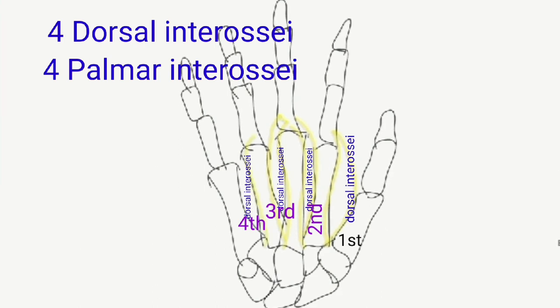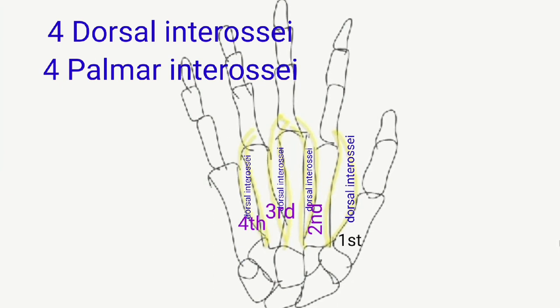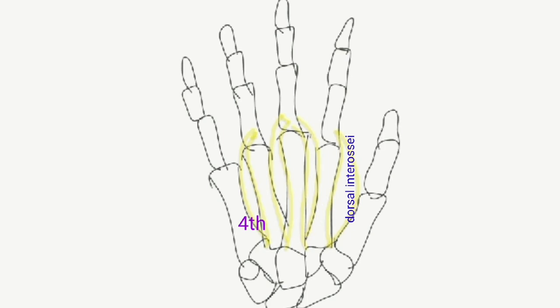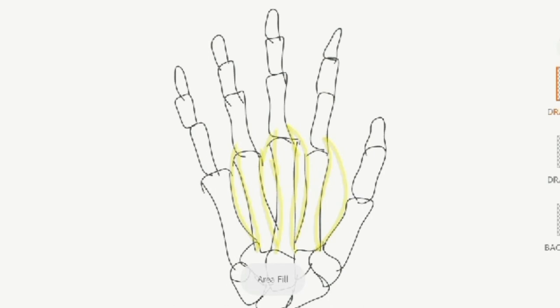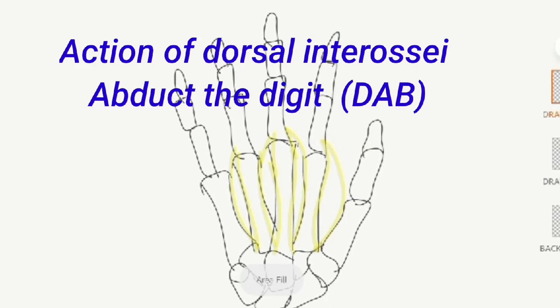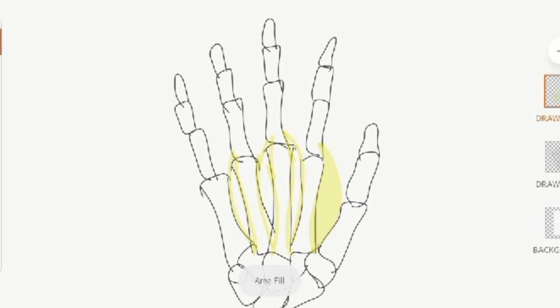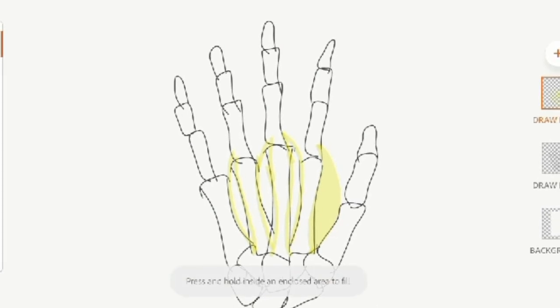The second dorsal interossei arises from the ulnar side of the second metacarpal and the radial side of the third metacarpal, and is inserted into the radial side of the base of the proximal phalanx of the middle finger.